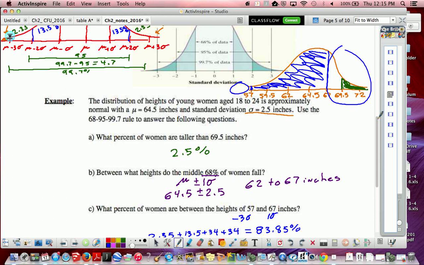So, since it's not one of these values, I know that it's probably going to be somewhere in between here, and I could kind of guesstimate, but I want to be able to find the exact proportion of women that might be taller or less than, say, 71 inches. So in order to do that, we have to come up with a process that can change any score, so that we can actually calculate out that proportion.